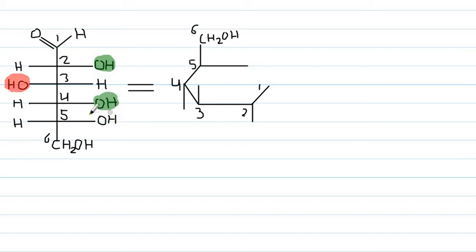I am not highlighting this OH which is attached with the carbon number 5 because the lone pair on this oxygen will attack upon the carbonyl carbon, meaning carbon number 1. So I am not highlighting this OH with any color. So I have highlighted the OH present on the right hand side with green color and those on the left with red color.